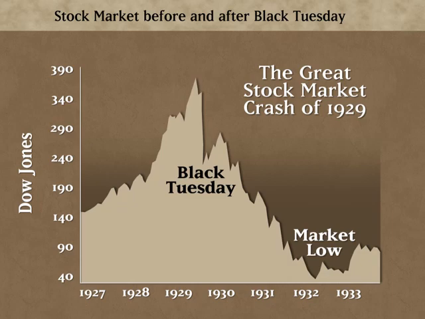The first catastrophic drop is going to be in October of 1929, and it's not going to slow down until 1932. From almost a 400-point high, it's going to drop to a 40-point low in 1932.